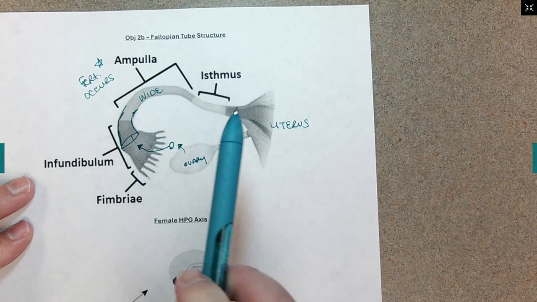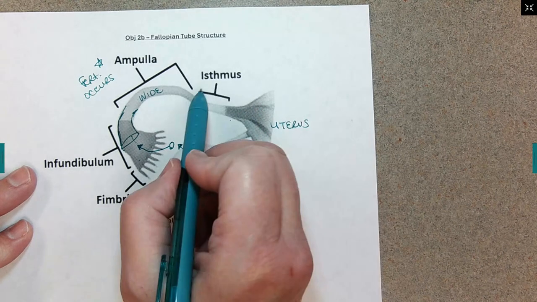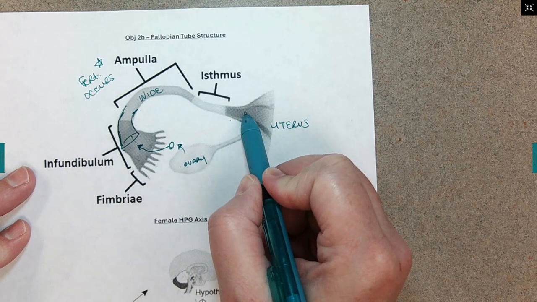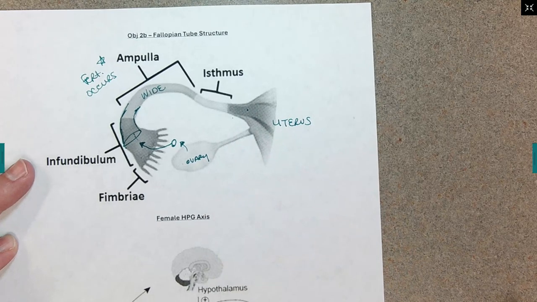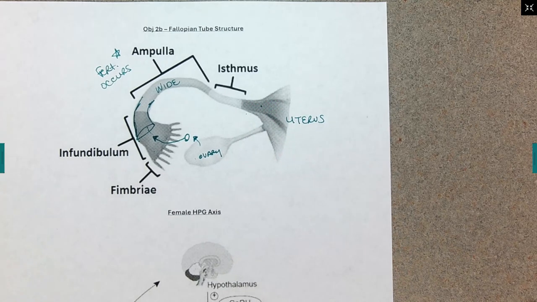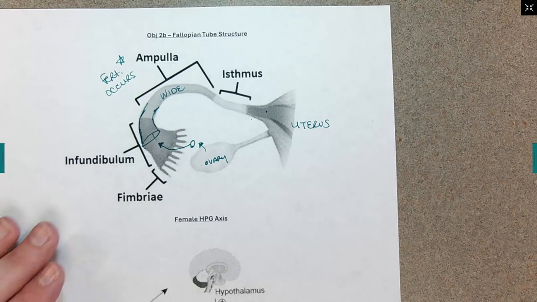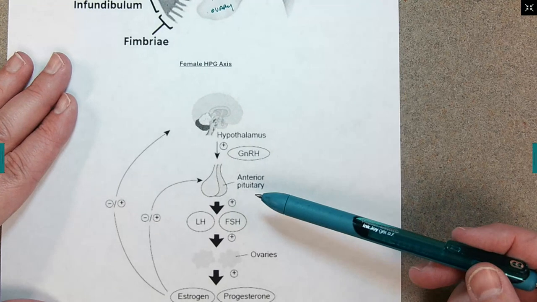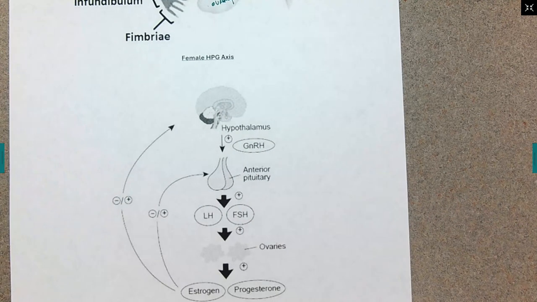And then the isthmus is just going to connect the fallopian tube to the uterus, okay? So those are your structures of the fallopian tube. We're going to talk about the female HPG axis in the next video.